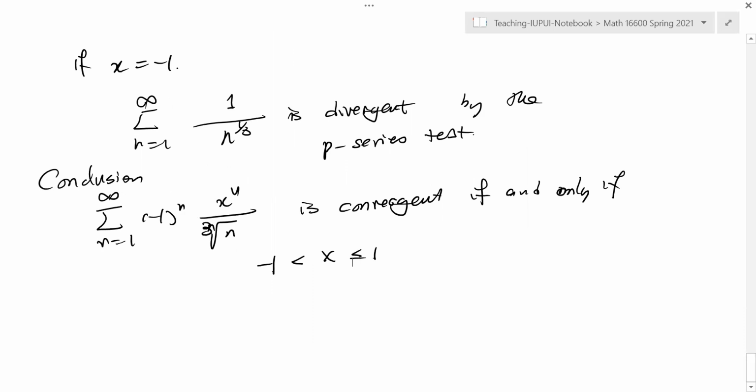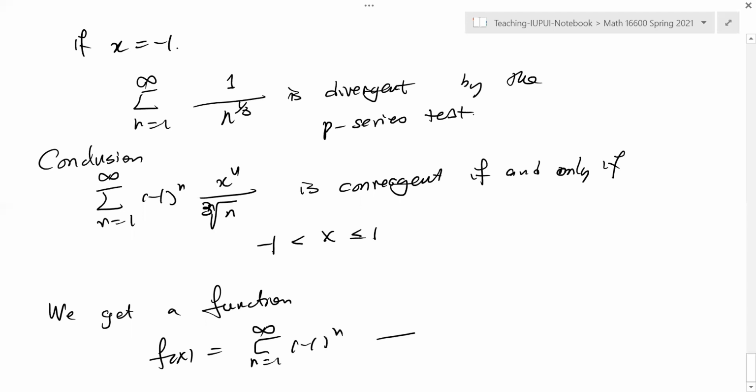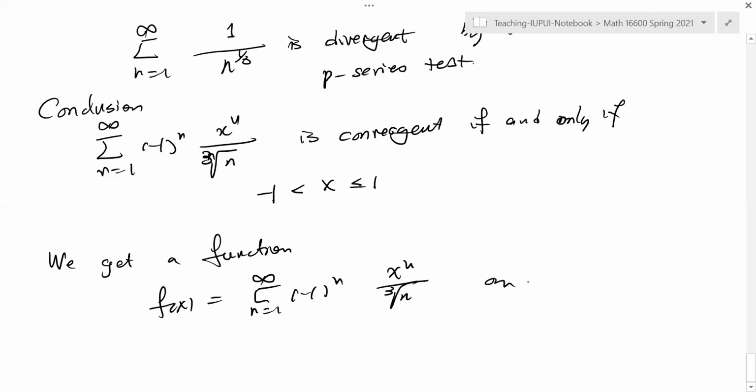Now, we get a function because it's convergent, so you get some limit. That limit depends on the value of x. We get a function on the interval from negative 1 to positive 1, including 1.